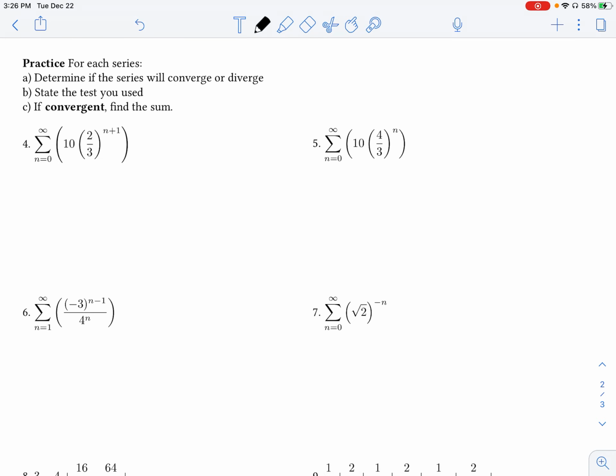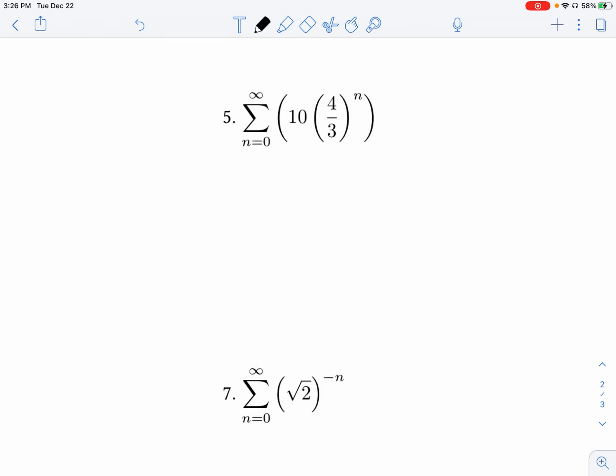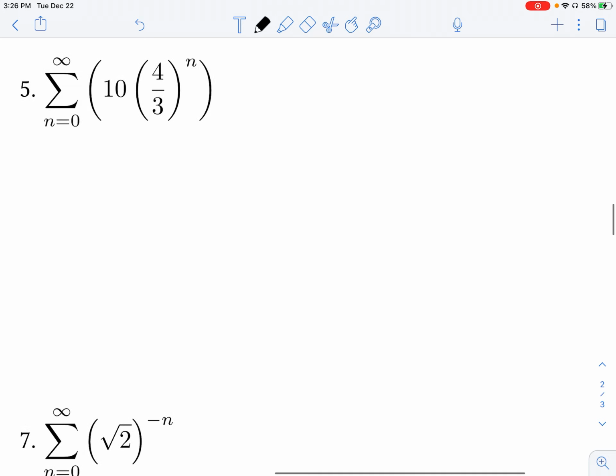All right, so let's look at something like number 5. Let's jump to number 5 because a few of these are going to be easy enough. I think you can try on your own after having watched this video. So looking at this here, can we see what our common ratio is? If you said that the absolute value of our common ratio is 4/3, then you would be correct.